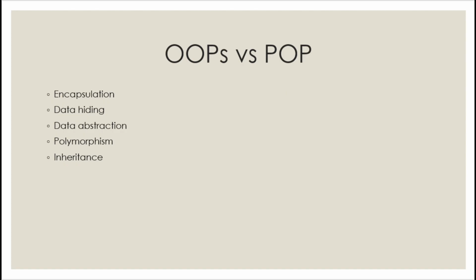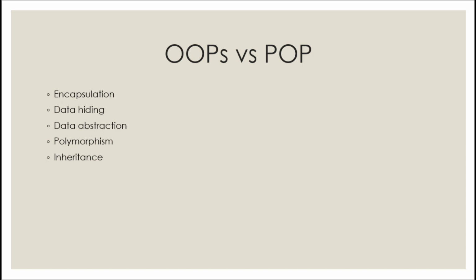Data hiding is a process of hiding some data inside the class so that they cannot be accessed outside the class. In C++, hiding is done using private and protected access labels, or visibility modes. Data abstraction is an act of representing essential features without showing background details. Through public member functions, we can access hidden data.